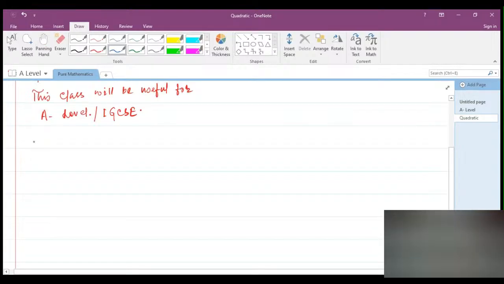Let's see the first question. This is question number 1A. The instruction of the question is: solve by factorization.